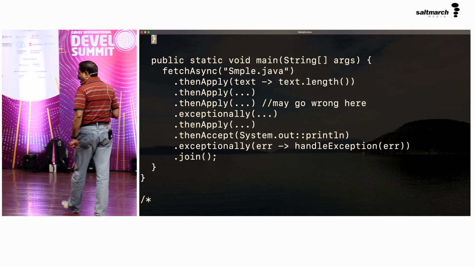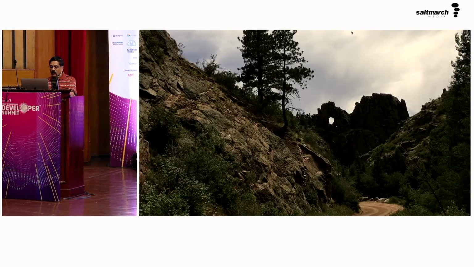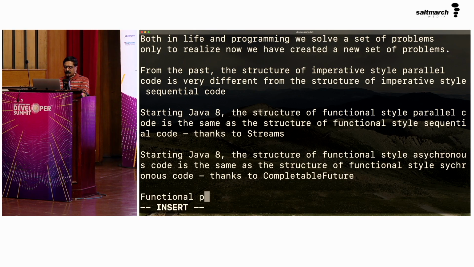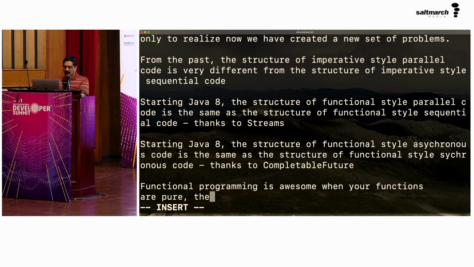And in this case, don't get me wrong, I'm a huge fan of functional programming. But functional programming is awesome when your functions are pure. They do not have side effects.